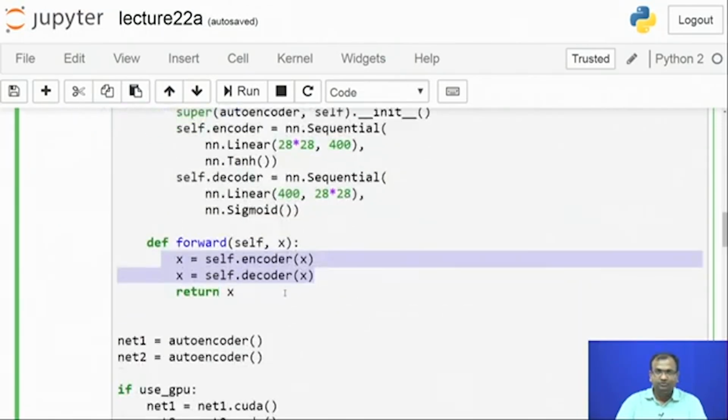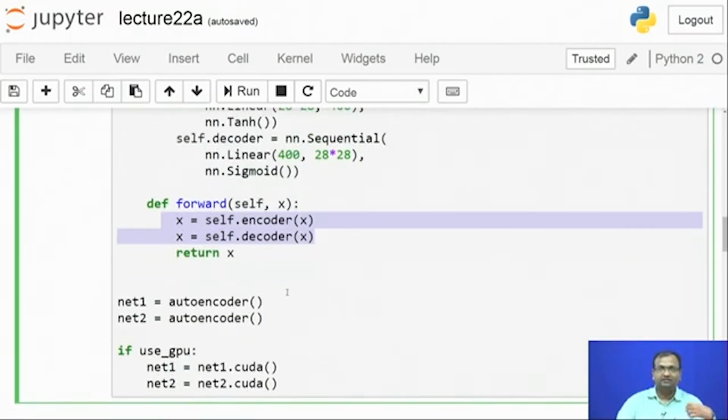Since we are going to use two different cost functions, the gradients of the cost functions will each have their own role. So, instead of changing the cost function every time and showing you, I am going to demonstrate training in one single epoch. We create two replica networks, net 1 and net 2. These two networks are identical to each other, just made out of this autoencoder and nothing different.